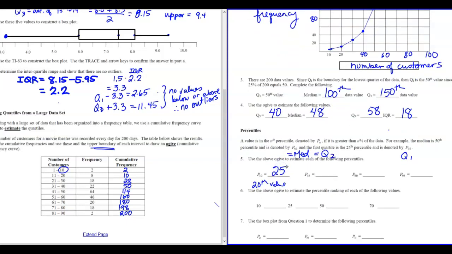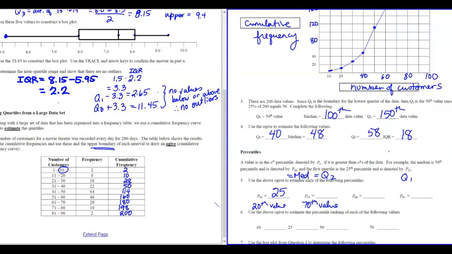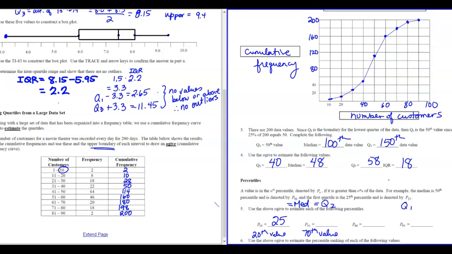For the 35th percentile, that means 35% of the 200 data values, so that would be the 70th value. We look at the 70th; 60 and 70 would be halfway in between. We go down, and I would say that's about 44.